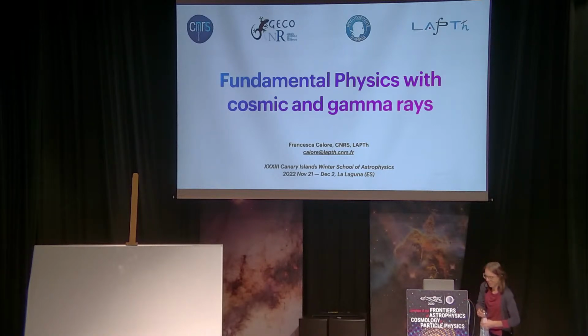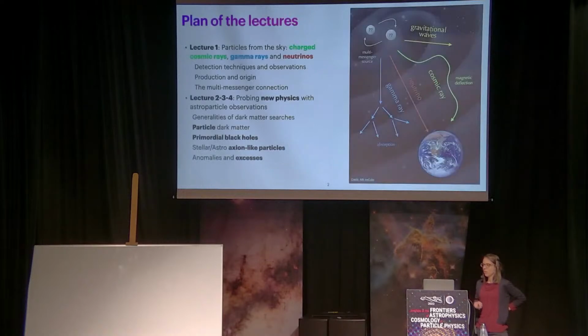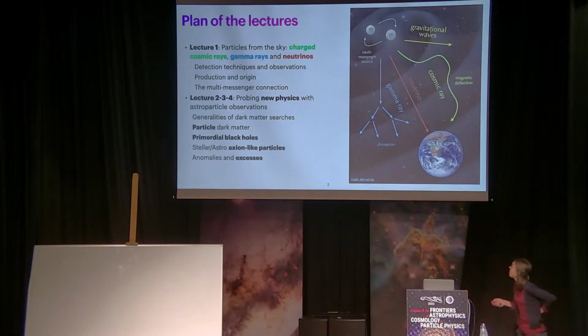Welcome back for the remaining part of my lectures about how to use cosmic and gamma rays to probe fundamental physics, more generally new physics. Yesterday we saw a broad introduction about cosmic and gamma rays, how they are produced, how they are transported in the galaxy, and how the multi-messenger connection can link different mechanisms for acceleration and production of cosmic rays.